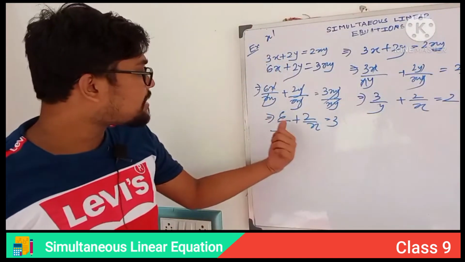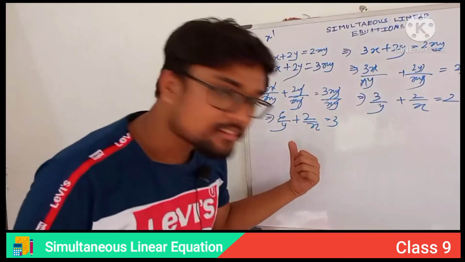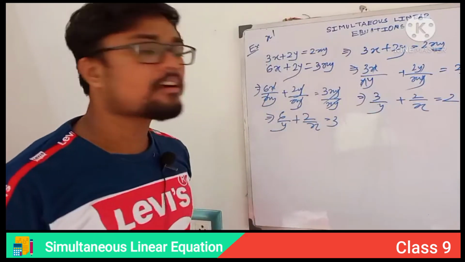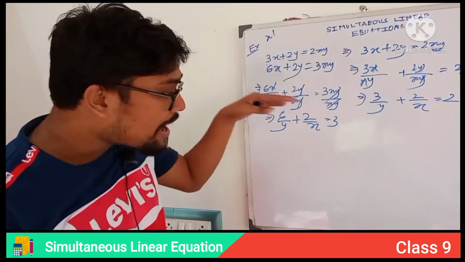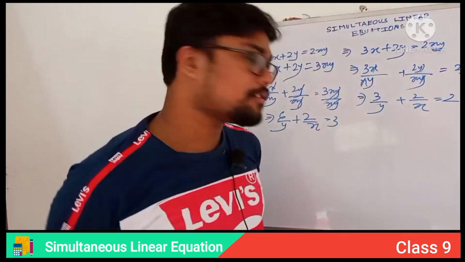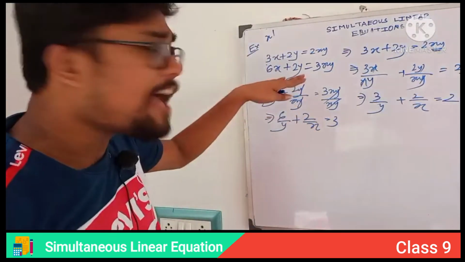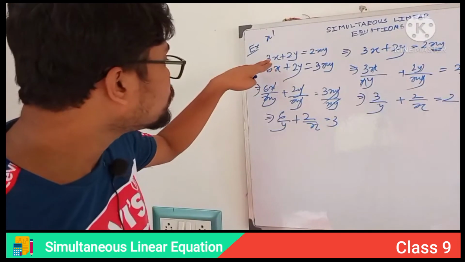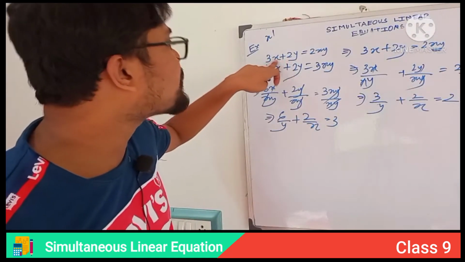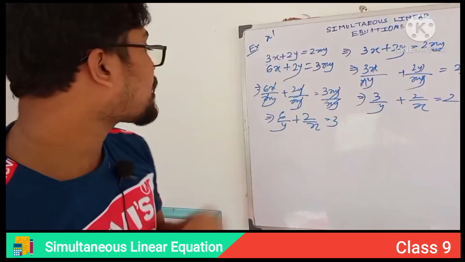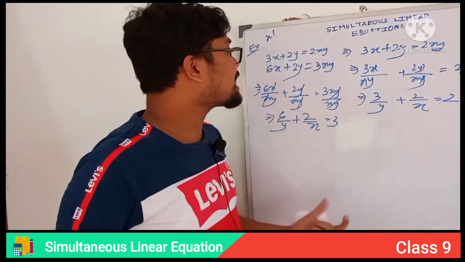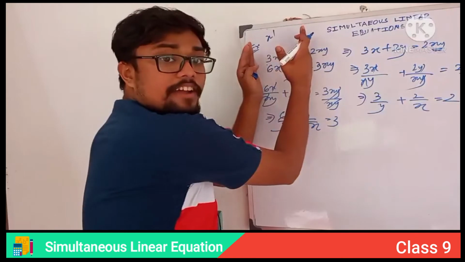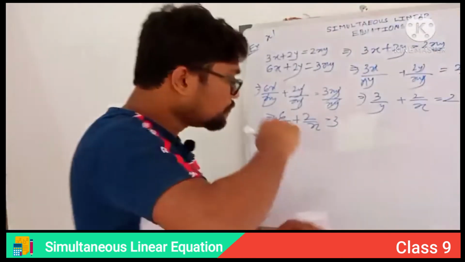But here in these two equations, the power of x and y is -1. That means x and y are present as reciprocals. So what should we do? We are habituated to solve this type of example where the power is 1. Now we have to convert it into that type of variable. Fine. So what do we do?